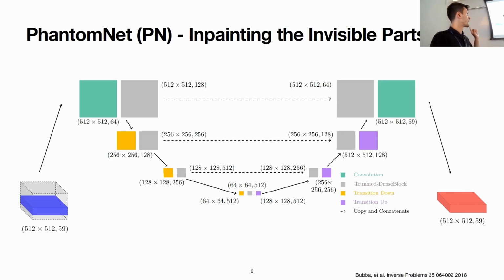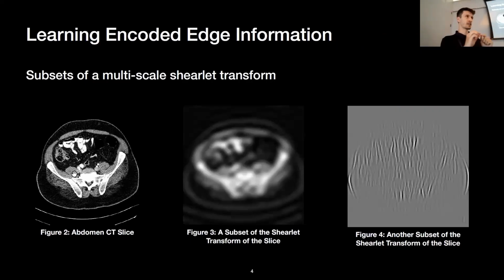When you compare it to a model that works in the Shearlet domain, this model actually learns these intricate edge patterns or boundary information of the slices. For example, the one on the right is maybe a better example.